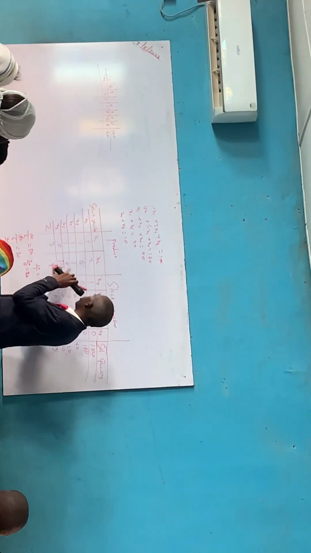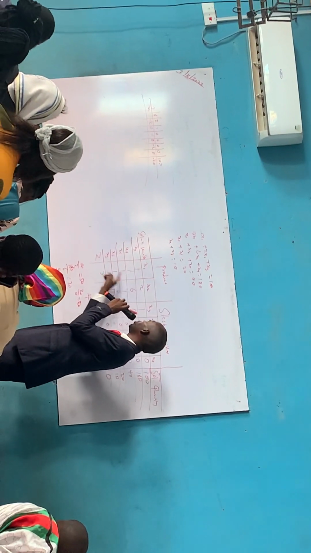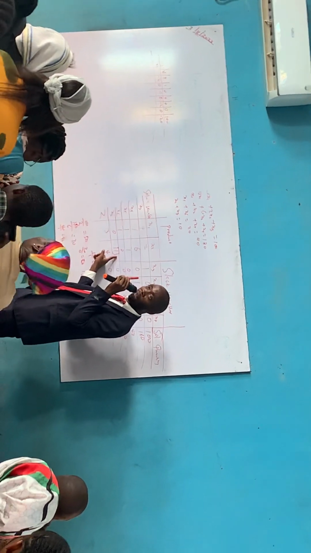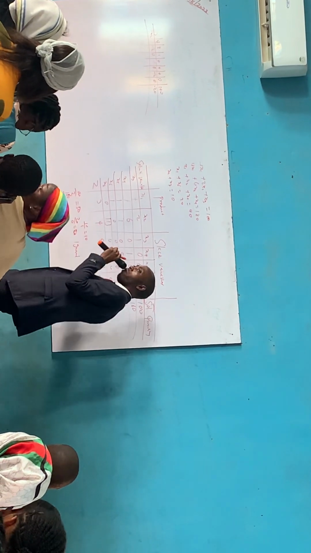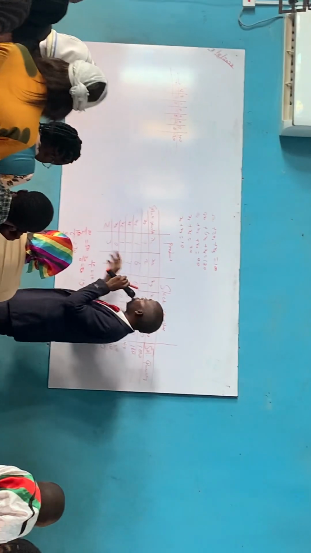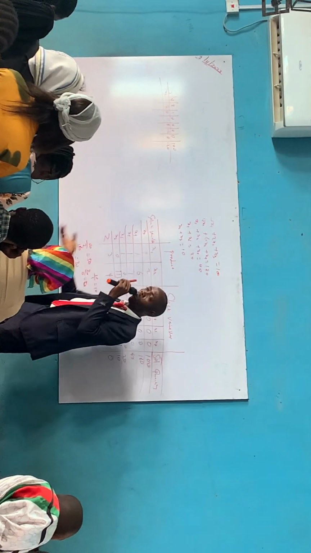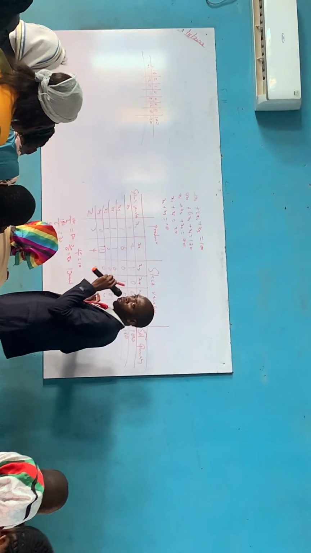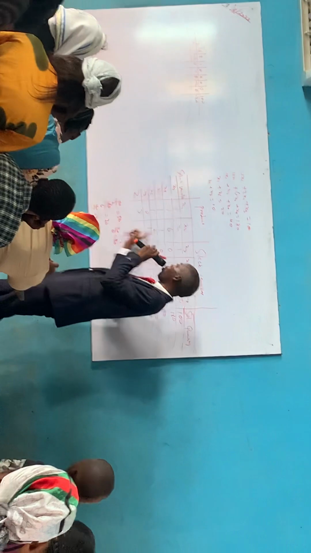I say I can just do it by multiplying 2 by everything here. I cannot do it for only this one. Whatever I do to this one, I do to everything on this row. When you say 2 times 2, this one will give me 2. So 2 minus 2 will give me what? 0. That's why I multiply this 2 by everything here, so that by the time I do the math, this one will give me 0.